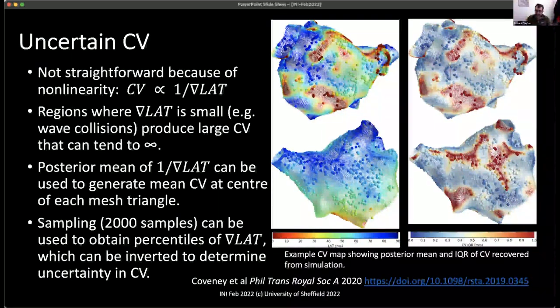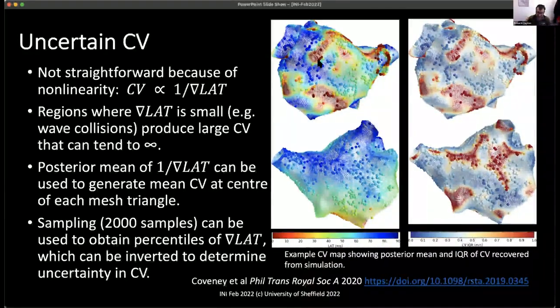So one of the problems we get is where the gradient in local activation time is small, and that happens where activation waves collide, which they do in the left atrium. So we end up with regions of very large conduction velocity in those cases.